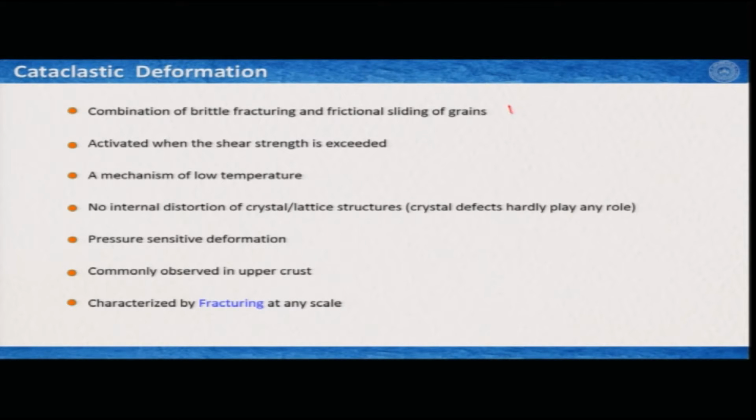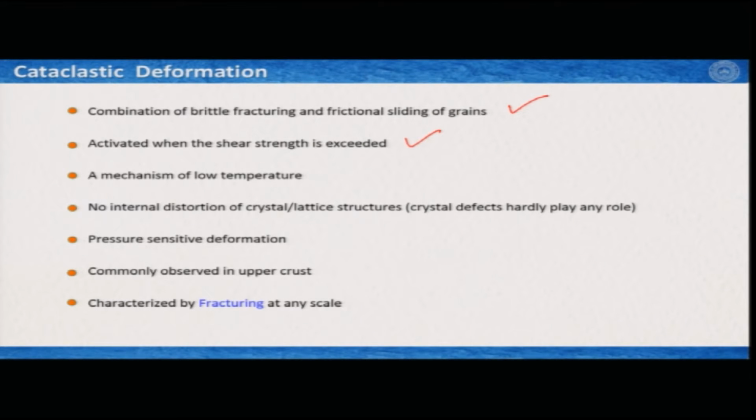So, it is a combination of brittle fracturing and frictional sliding of grains, and to fracture or frictionally slide the grains from one place to another, it is activated only when you exceed the shear strength of the rock or shear strength between the two grains. We will learn about it later.